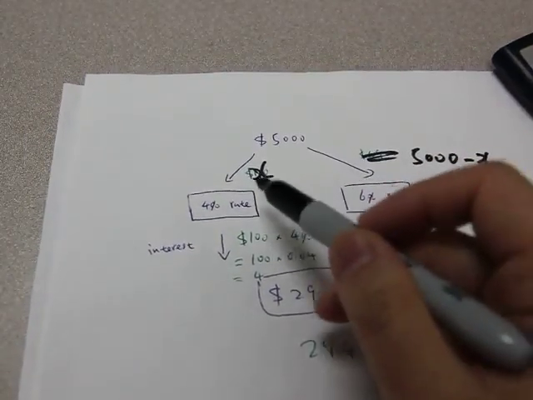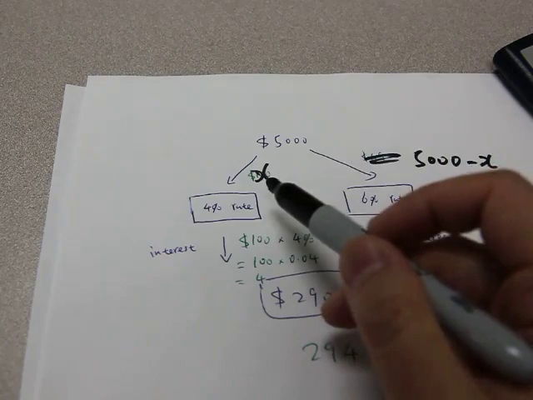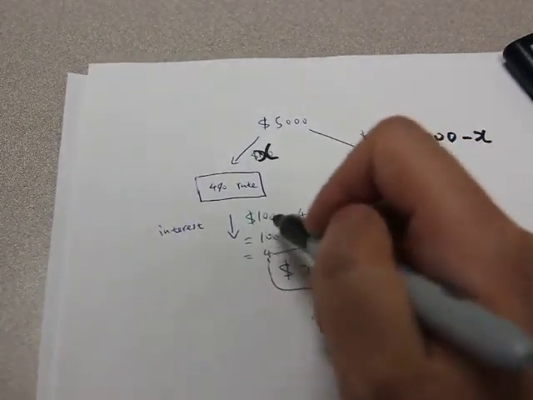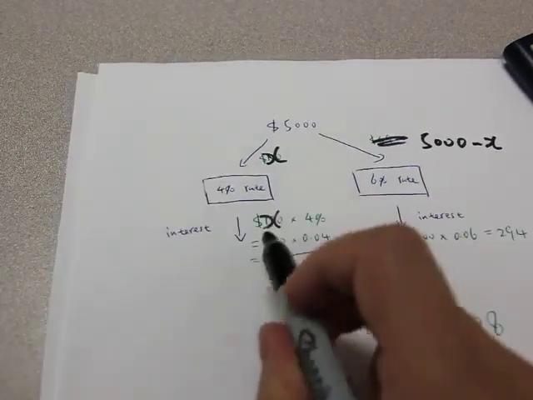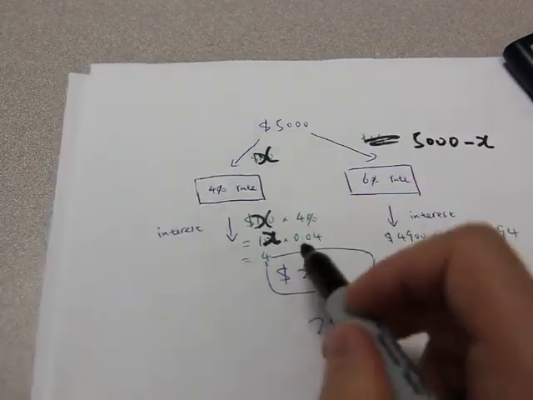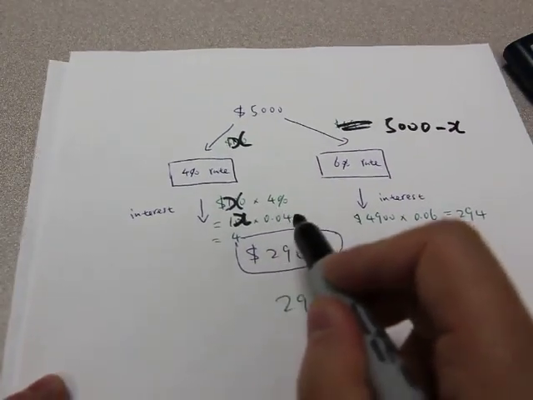Therefore, after 1 year, how much interest do we have? We will have X multiplied by 4%, which is X times 0.04.